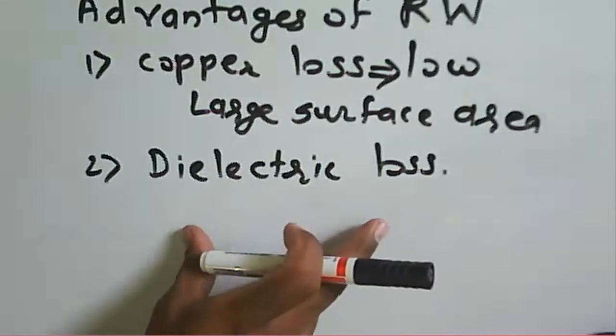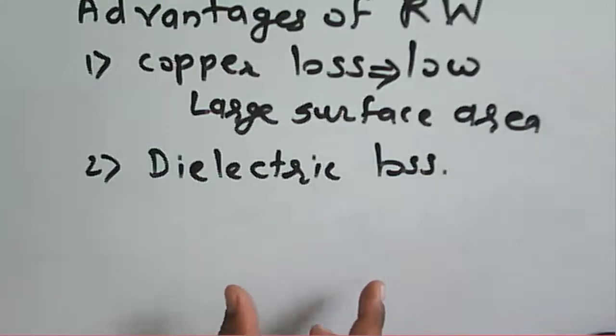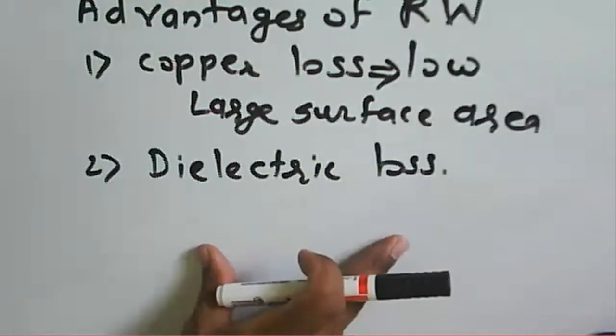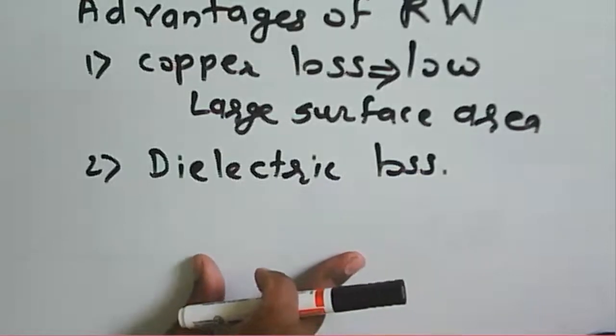Because of that heating of the insulation between the two wires or between the conductors, it has a dielectric loss. Dielectric loss occurs due to the heating of the insulation.